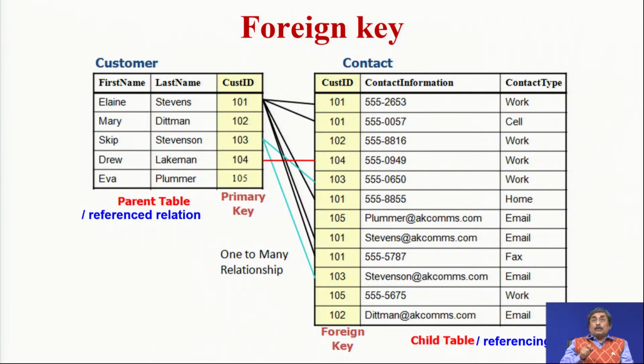Why? Because 106 customer ID is not present in my customer table, that is the parent table, and this is the child table. A child table which references a parent table must ensure that if it has a foreign key column filled up, that foreign key must be present as a primary key in the parent table.